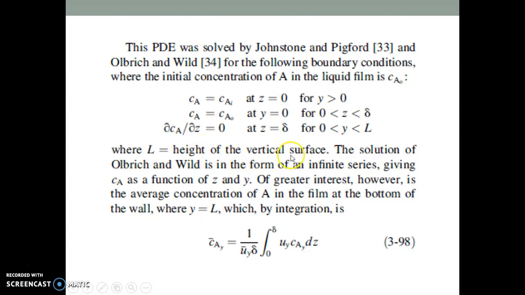The solution is an infinite series, which gives C_A as a function of Z and Y, or of greater interest, if we want to use the higher values, we can use this relation, which refers to 3.98.